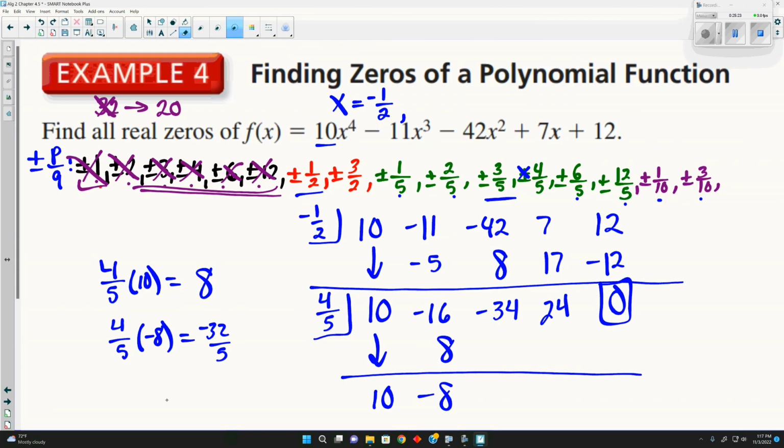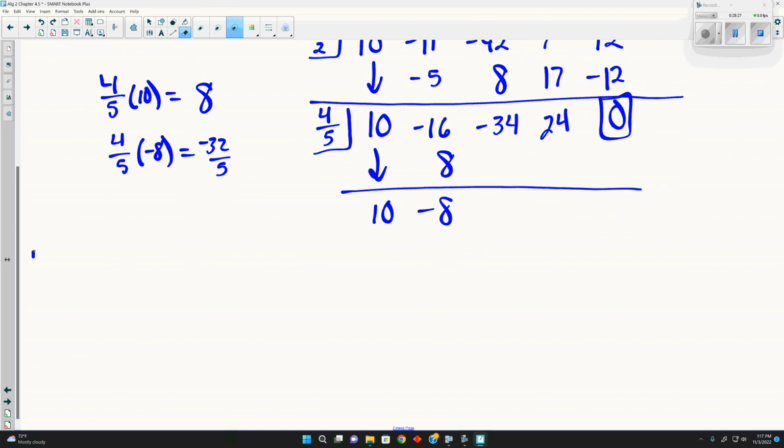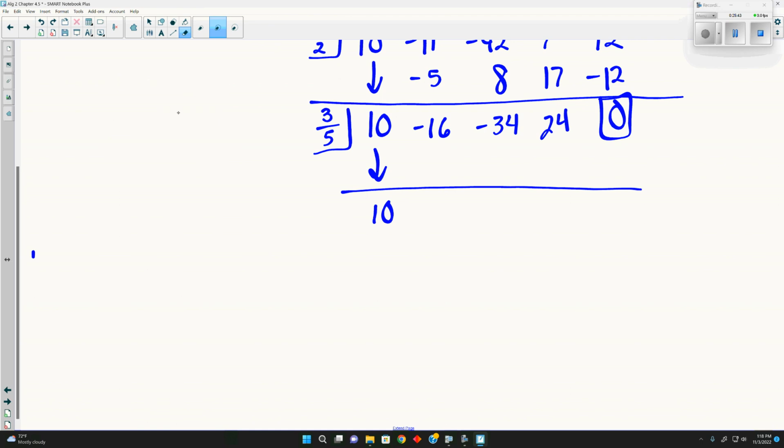And that's helpful because now we can come over here, instead of 4/5, we can replace this with a 3. Now we can do this one here. Erase all that. There we go. So we can say 3/5 times 10.